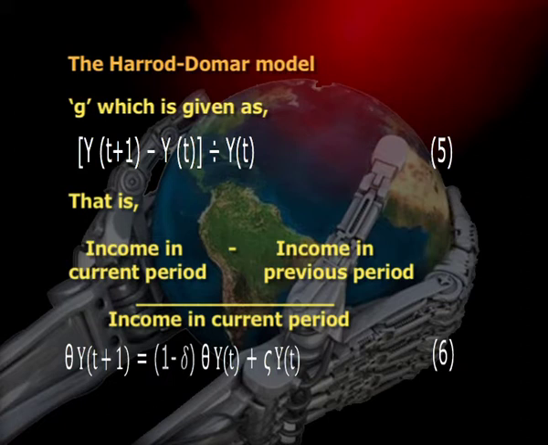Thus, now equation 4, which we saw earlier, develops into theta Y T plus 1 is equal to 1 minus delta into theta Y T plus sigma Y T. This is an important equation.